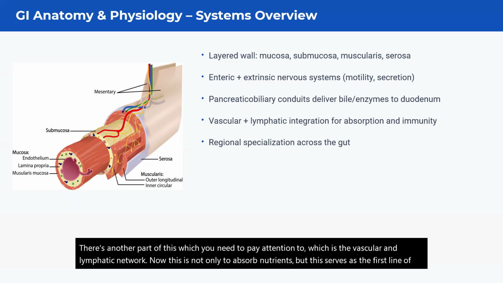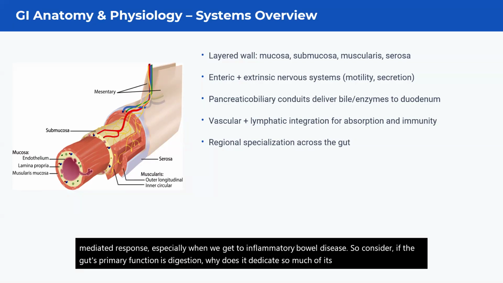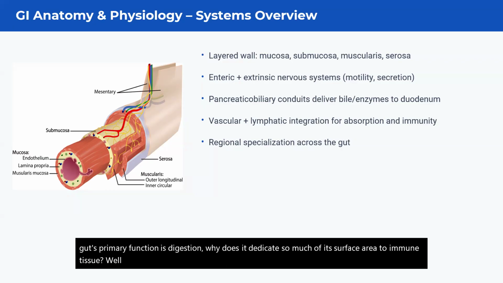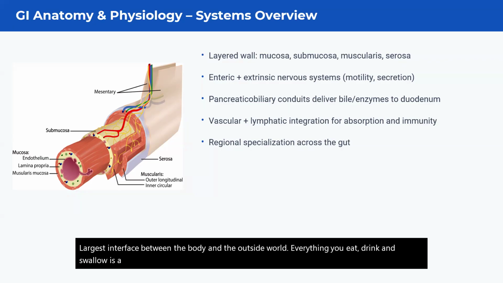A key theme we're going to revisit is this inflammatory immune-mediated response, especially when we get to inflammatory bowel disease. So consider, if the gut's primary function is digestion, why does it dedicate so much of its surface area to immune tissue? Well, the GI tract is the largest interface between the body and the outside world. Everything you eat, drink, and swallow is a potential antigenic challenge.